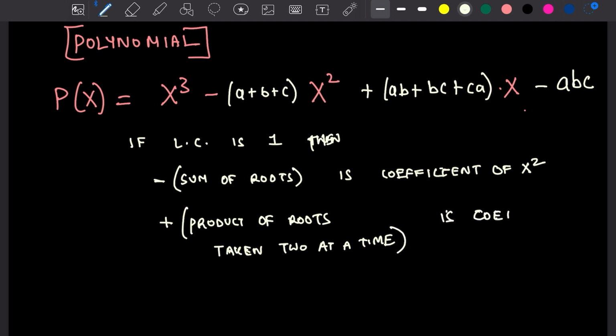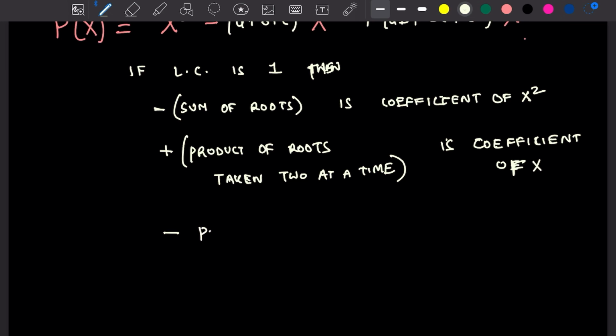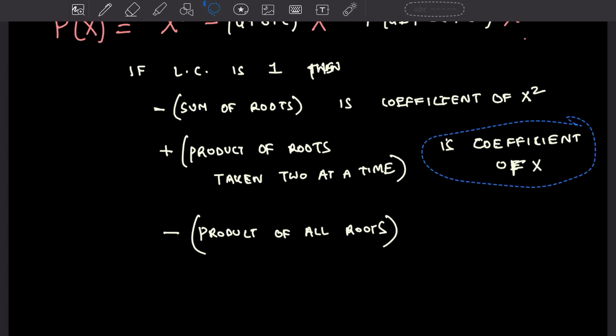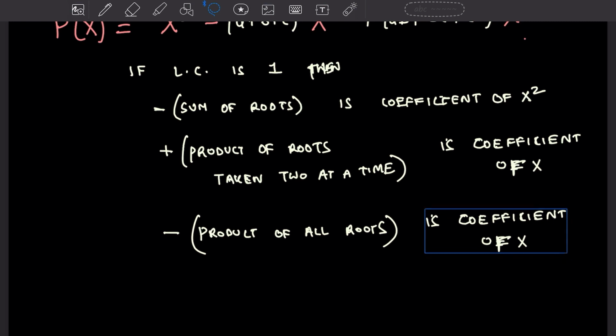And finally, the negative of the product of all roots is the last number, the x-free term, the coefficient of x to the power 0.